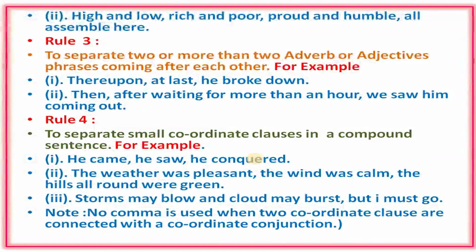Third: storms may blow and clouds may burst, but it must go. Note: no comma is used when two coordinate clauses are connected with a coordinating conjunction. So this is very important.